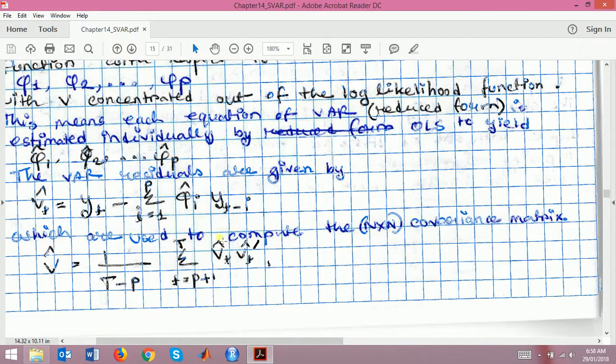So this is simply in the place of the log likelihood function. Very simple. So we are using v t, the residual, to compute the n by n covariance matrix, which is a square matrix, right? So that was mean parameter estimation.